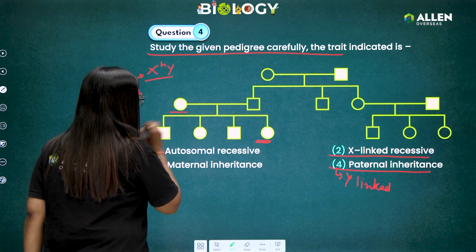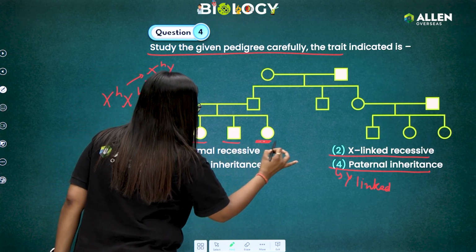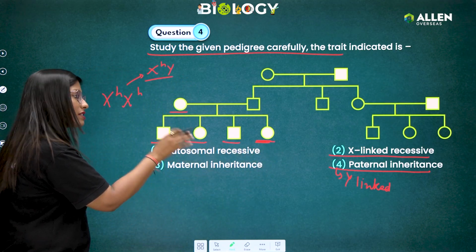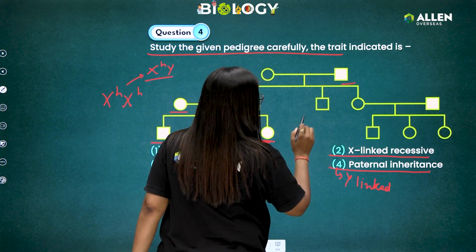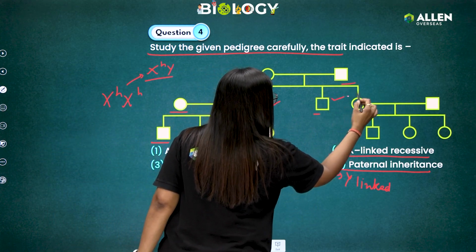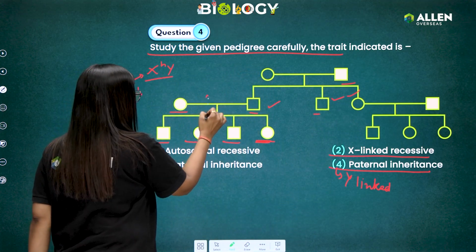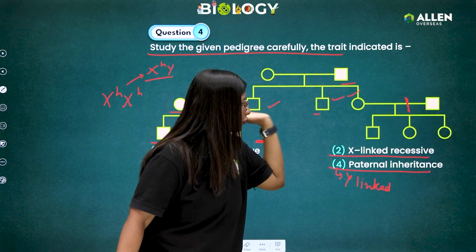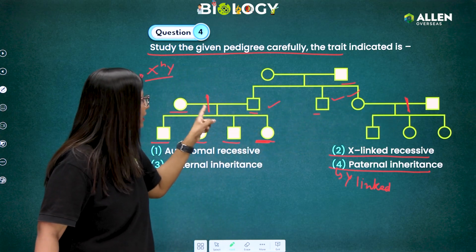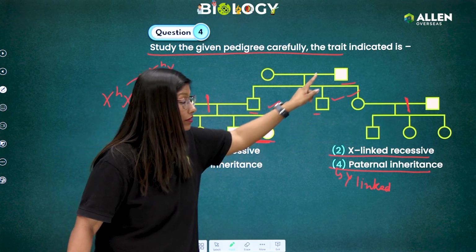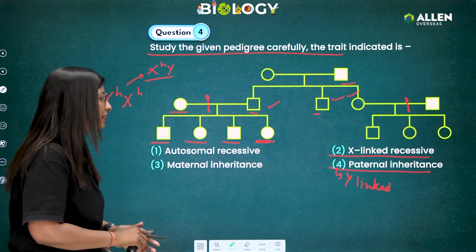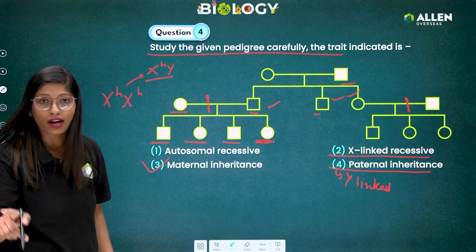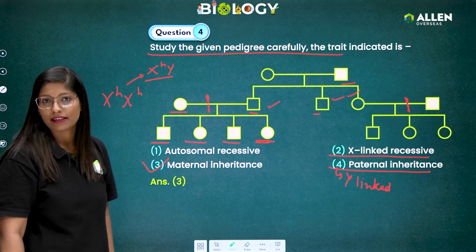So you can see when the mother is affected, the trait is transferred to all the progenies, whether male or female. Whereas when the father is affected, all the progenies are normal, right? We are not talking about the daughter-in-law and son-in-law. So here, these are normal, father is affected, whereas when the mother is affected, all the offsprings are affected. Therefore, the answer which you have to mark is maternal inheritance.